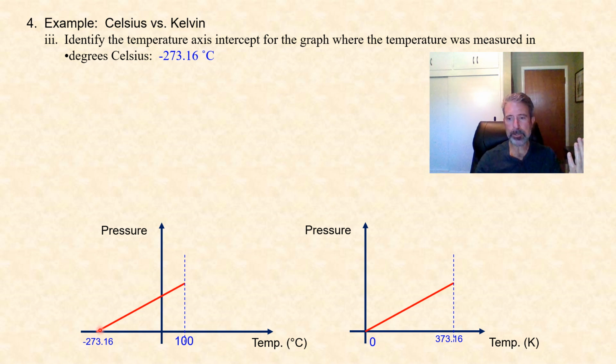This is what absolute zero is in units of degrees Celsius. But if we want to find the temperature axis intercept when we're measuring temperature in Kelvin temperature units, we see here that it is actually 0 Kelvin.